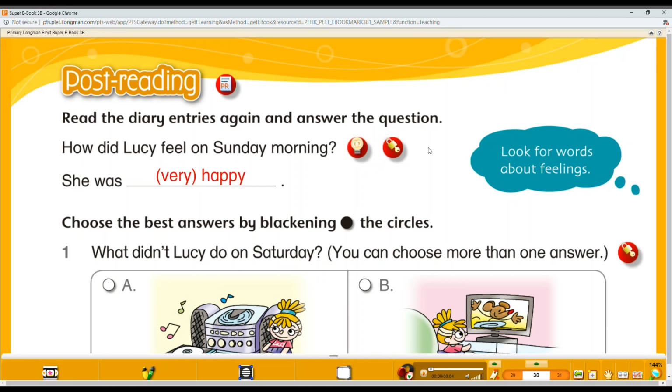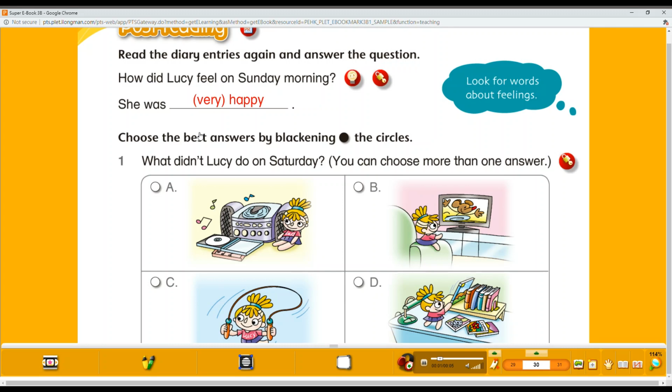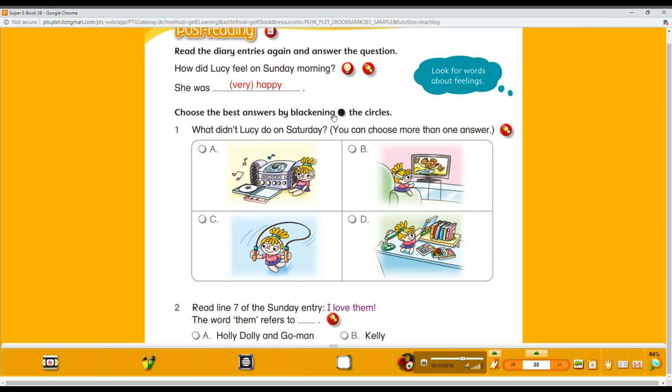Correct? Next one. Choose the best answers by blackening the circles. What didn't Lucy do on Saturday? You can choose more than one answer. So let's look for the keywords from pictures A, B, C, and D. Listening to music or listening to CDs, watching cartoons, skipping, tidying bookshelves.